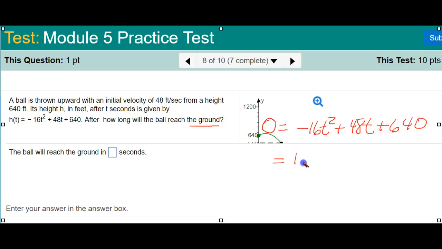So we get 16t squared minus 48t minus 640. Okay, so you identify your a, which is 16, your b, which is -48, and your c, which is -640.